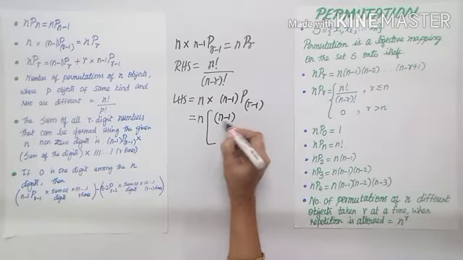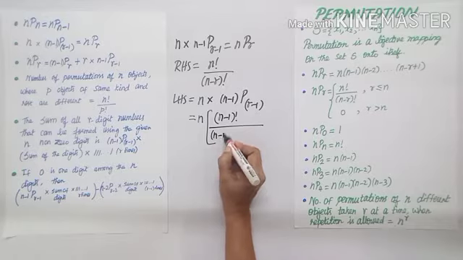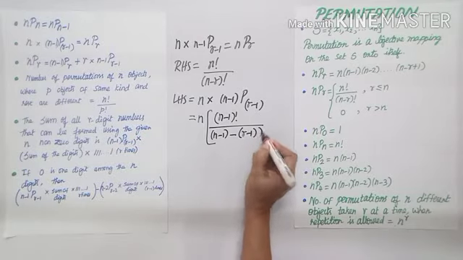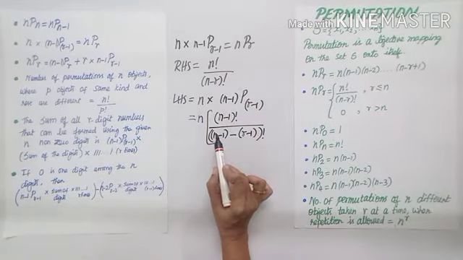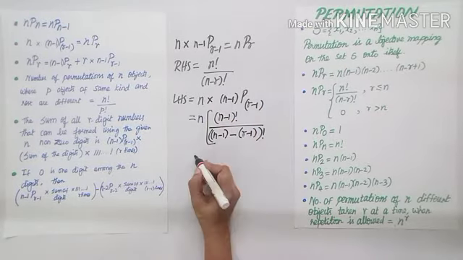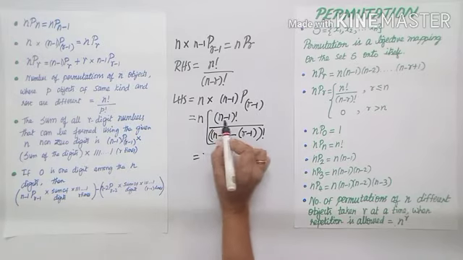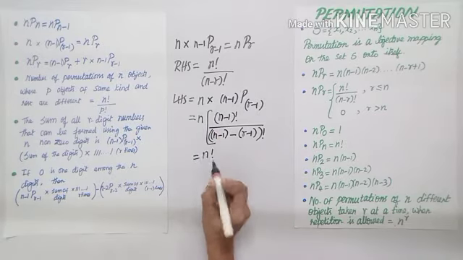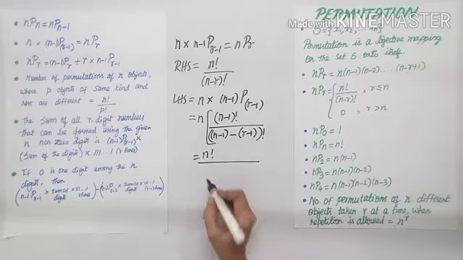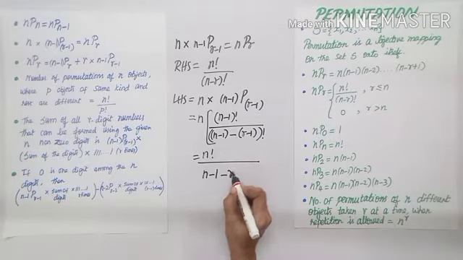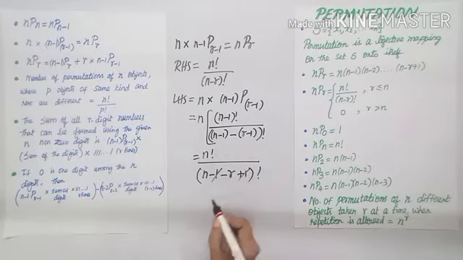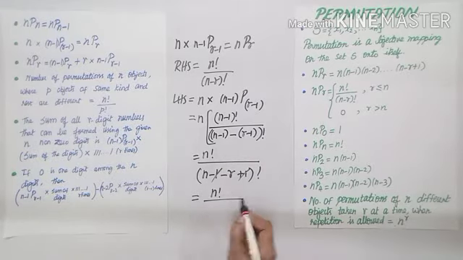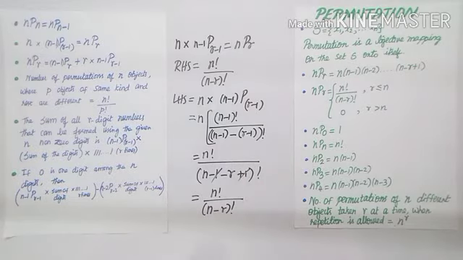So (n minus 1) factorial by ((n minus 1) minus (r minus 1)) factorial. n into (n minus 1) factorial becomes n factorial. Here n minus 1 minus r plus 1, plus and minus cancel. I am left with n factorial by (n minus r) factorial, which is the RHS.